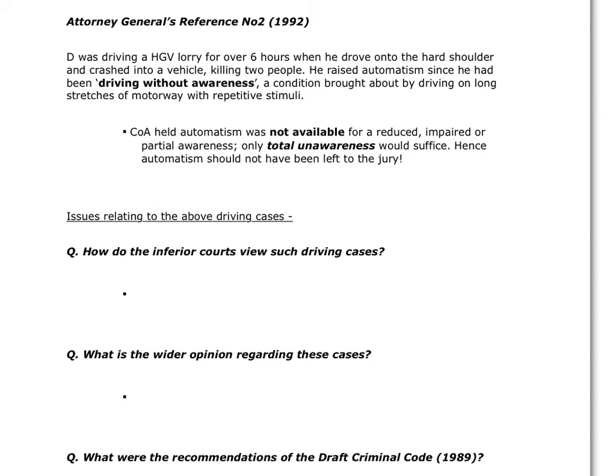Couple of issues relating to the above driving cases. How do the inferior courts view the cases and such cases alike? Well, what we've got here is 2 different lines of opinion. On appeal, every time, and indeed in these 3 cases, no defence, no defence, no defence, automatism fails.